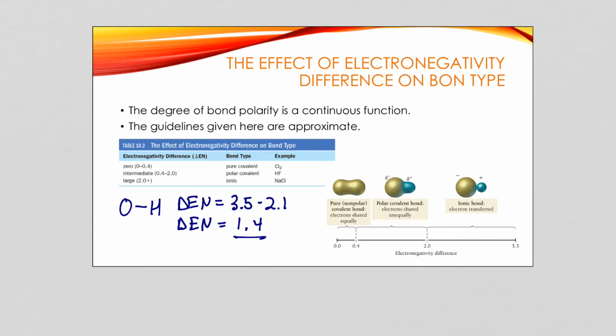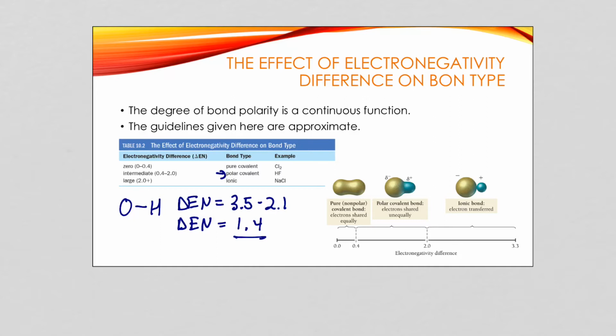What that implies is we have basically equal sharing. 0.4 I would still call covalent, nonpolar. If it's above 0.4, so really 0.5 to 2, then we consider that a polar bond, right? So that's where OH would fall. It's within that category, so the OH bond would be considered a polar bond.